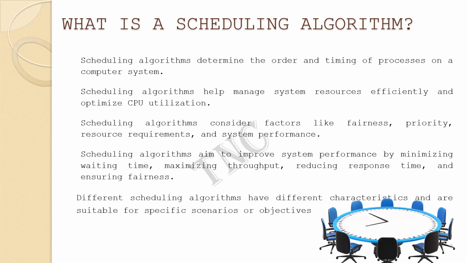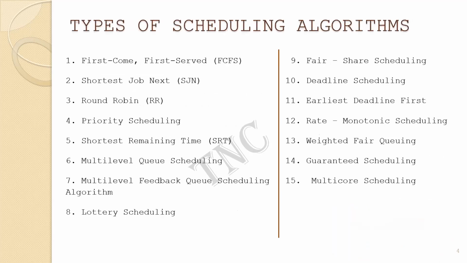It helps to manage system resources efficiently and to optimize CPU utilization. So we have different types of scheduling algorithms in OS. Each scheduling algorithm has different characteristics and is suitable for different scenarios. There are so many scheduling algorithms available in OS. In your syllabus, we have 6 to 7 algorithms.